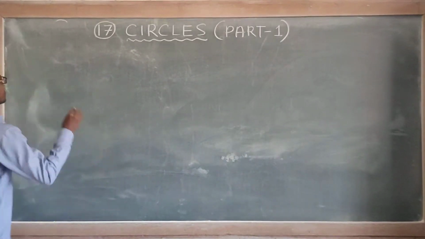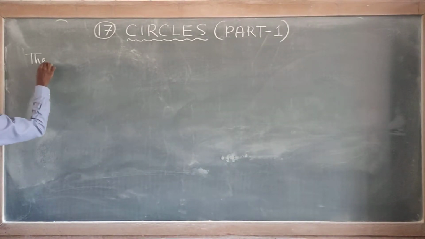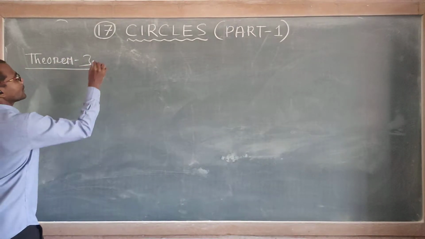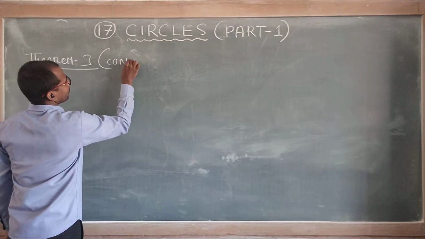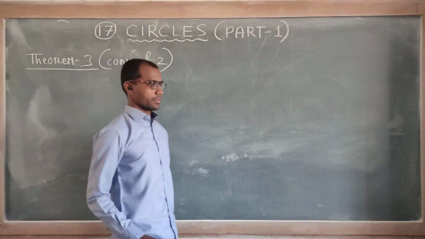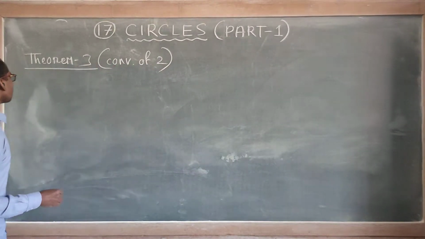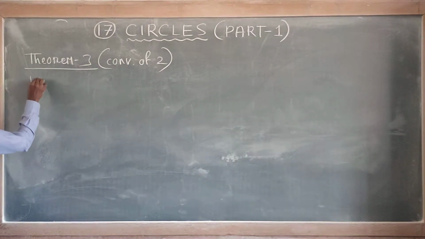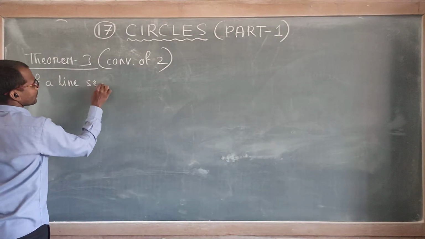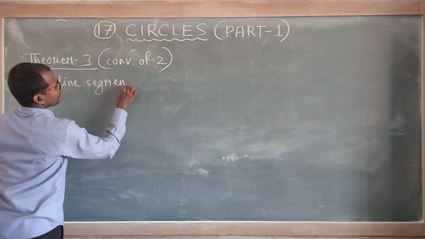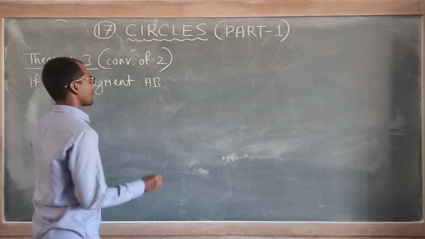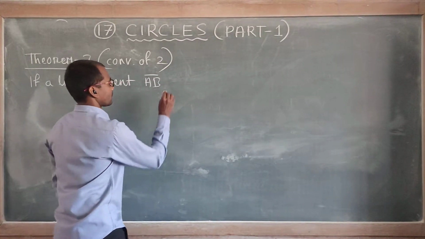Now theorem number 3. It is the converse of 2. Theorem number 3 states that, let us take a line segment AB.